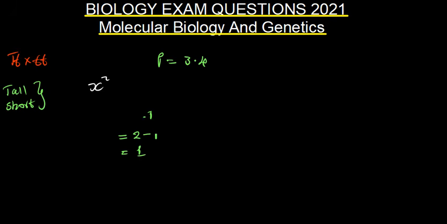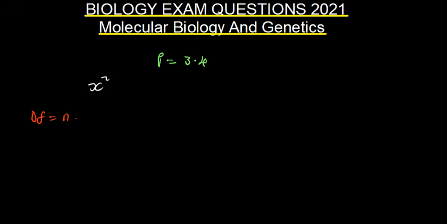I've given you an example of how you obtain the degree of freedom for a monohybrid cross. What if you now have a dihybrid cross? You know that most of the time in a dihybrid cross, the expected phenotypes are going to be 4. It means that your degree of freedom is equal to n minus 1, so n is 4 minus 1, which is equal to 3.